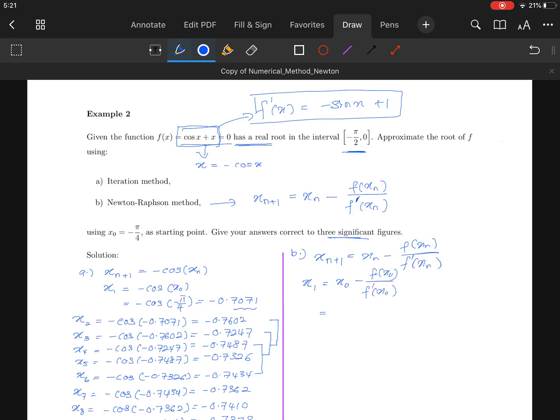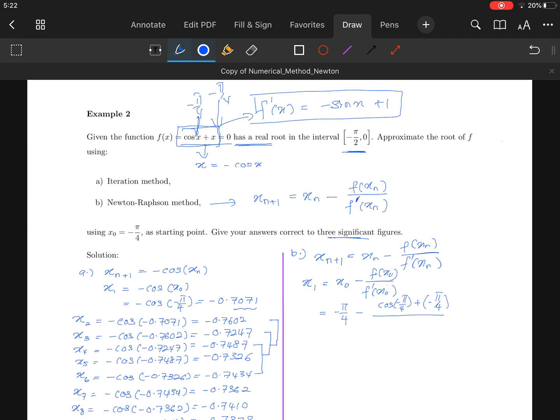This is negative pi over 4, minus f(x0), which is cos of negative pi over 4 plus negative pi over 4, because you just substitute negative pi over 4 into f.